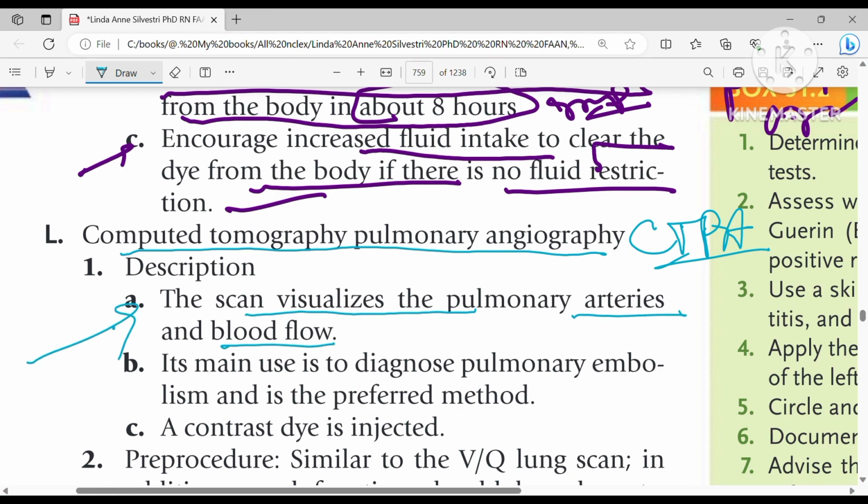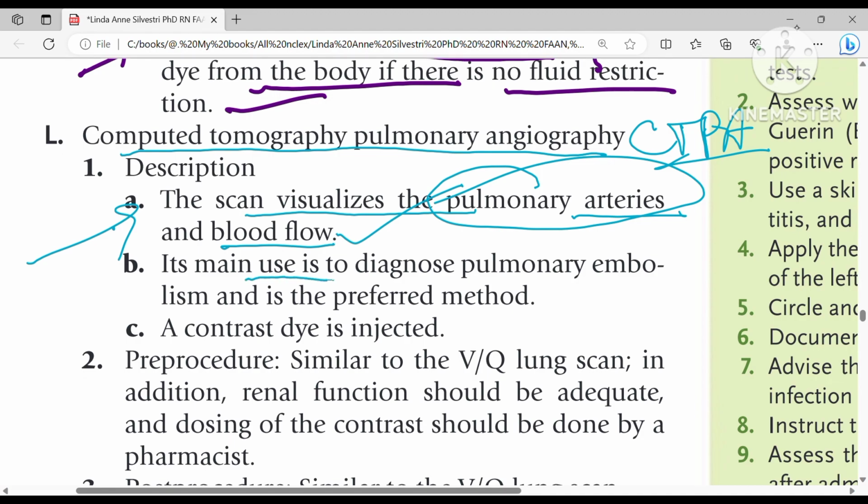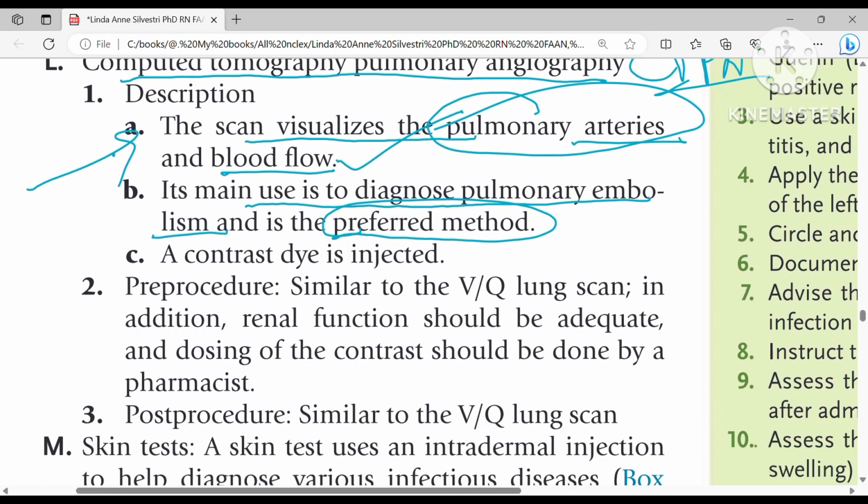In this we will see the pulmonary arteries and the blood flow in them. It is mainly used to diagnose pulmonary embolism, and it is the preferred method for diagnosing pulmonary embolism.